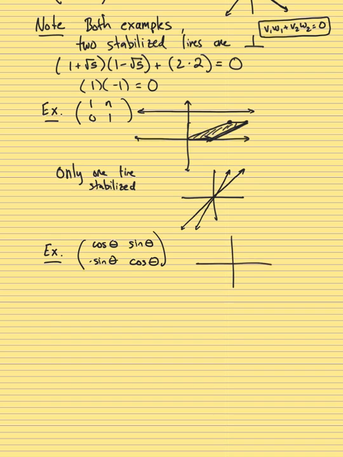Here, there's going to be no line stabilized. Essentially, if you're thinking about R2, and this is a rotation matrix, there's not going to be any line stabilized, so there's no real change of coordinates that will put this matrix into some nice diagonal form, or even some form like this, where there's going to be a fixed vector.